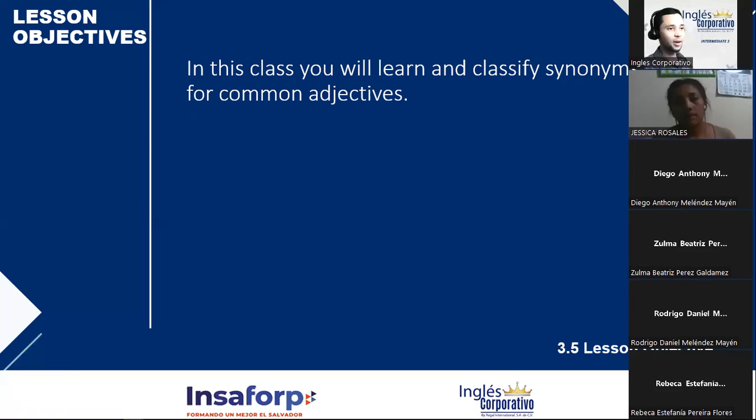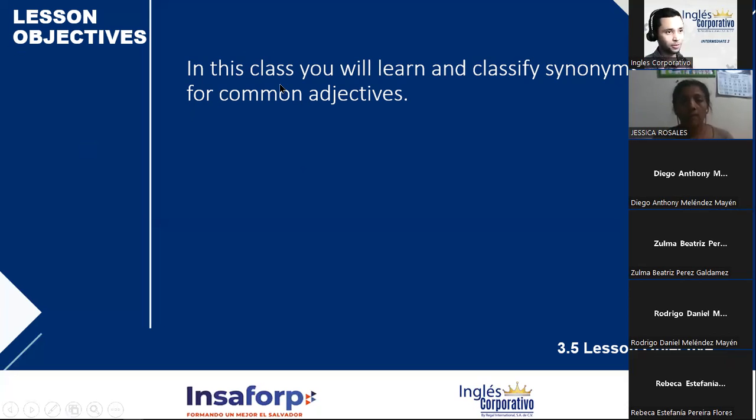Synonyms are two words with similar meaning or the same meaning. So Jessica has a correct idea right here. Those are synonyms, two or more words with a very similar or the same meaning. That's what we're going to do in this class.